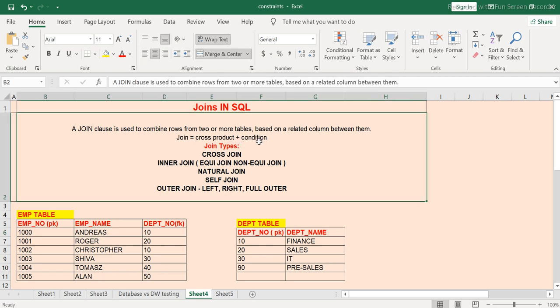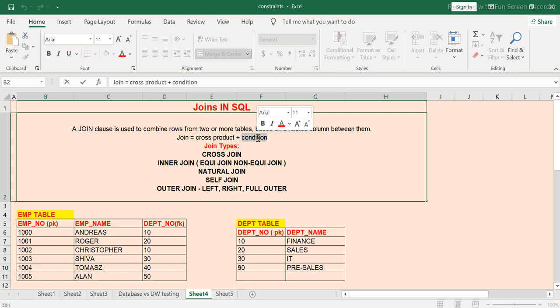This condition is very important because it will make sure what kind of join it is. If it is an equal condition between the joining columns, then it will be an equijoin. If it is a non-equal operator between the joining columns, then it will be a non-equijoin. Then natural join, self join, and outer join.